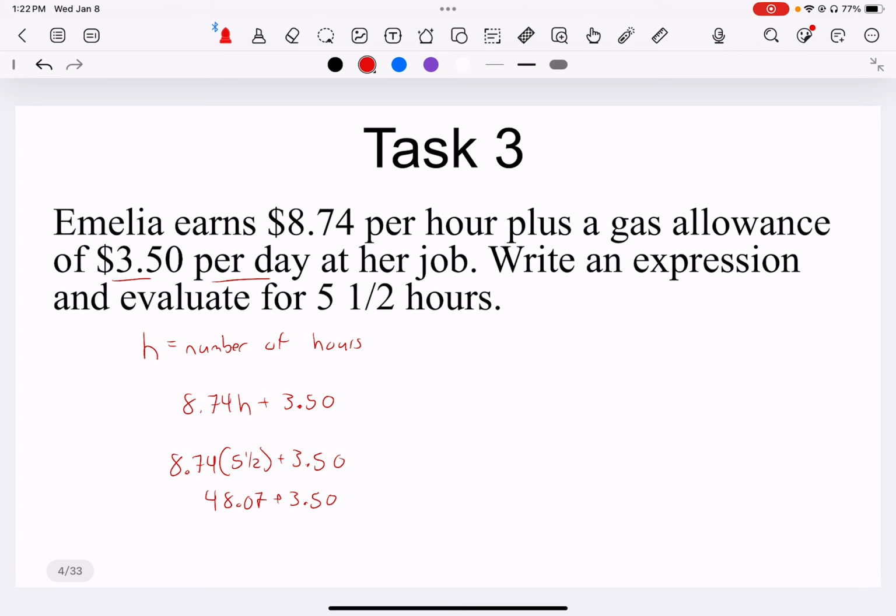And when I add those numbers together, I have 51.57. So that means Amelia would earn $51.57 for that day of working 5.5 hours.